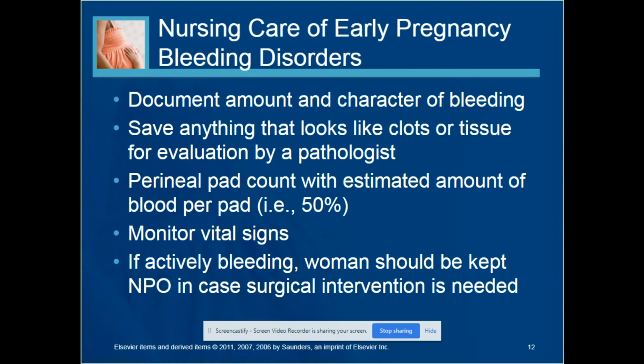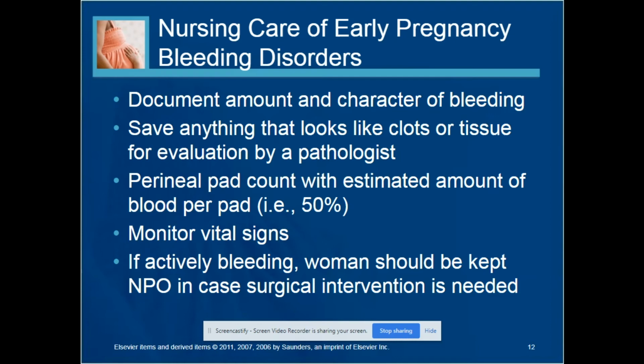The next one is perineal pad count. That is like a maxi pad, but they're a little bit bigger, and you estimate the amount of blood per pad. So let's say your patient, you come on shift at 7 and you're charting at 11, and your patient has had 5 bloody pads, and each of them have been 75% soaked with blood.